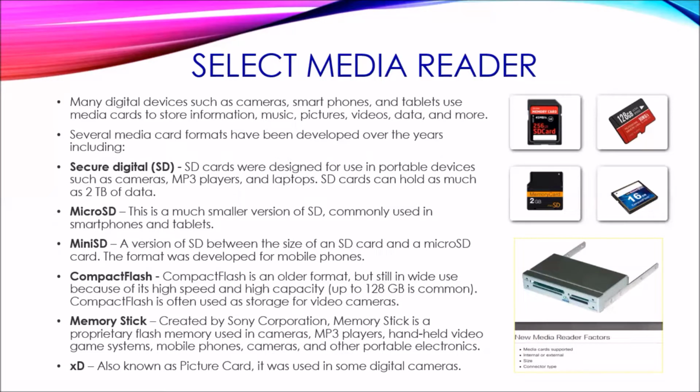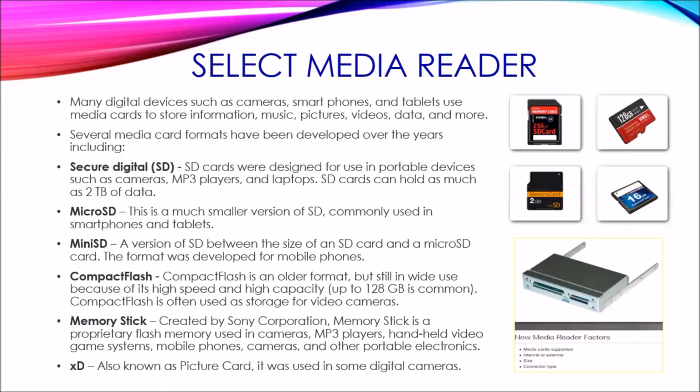Micro SD. This is a much smaller version of the SD card commonly used in smartphones and tablets. Mini SD is a version between the size of an SD card and a micro SD card. The format was developed for mobile phones.